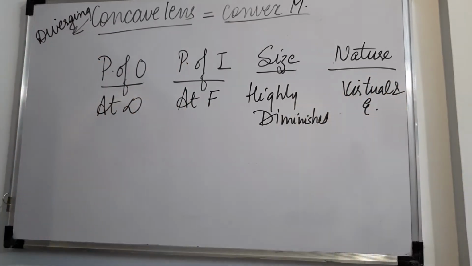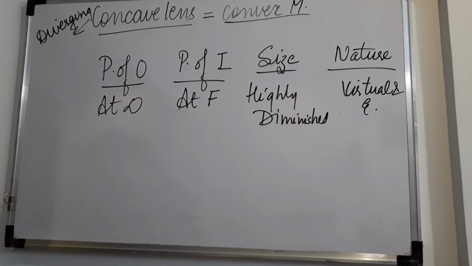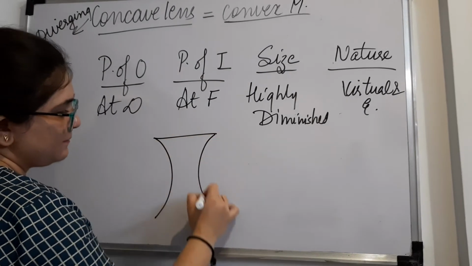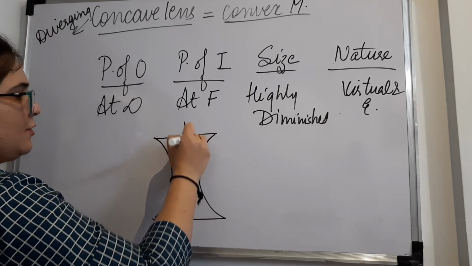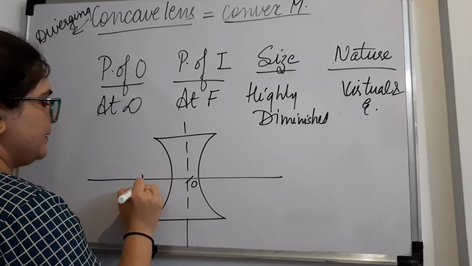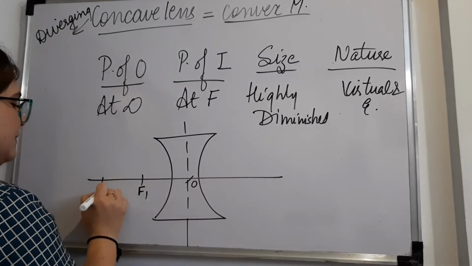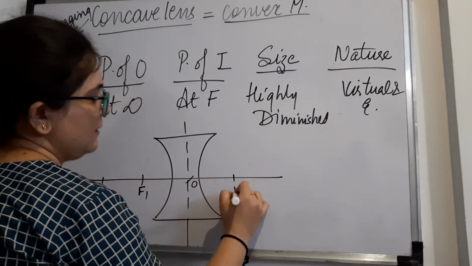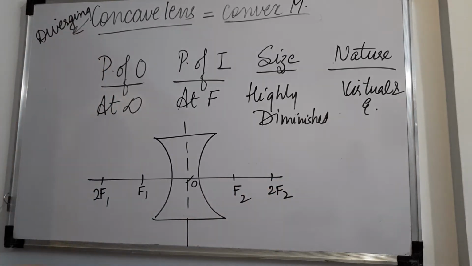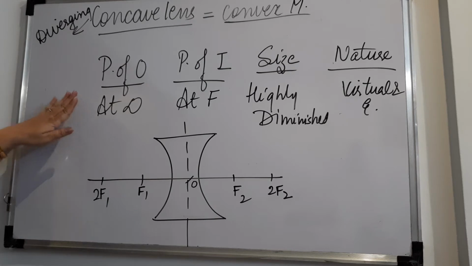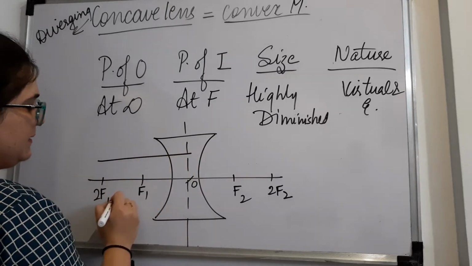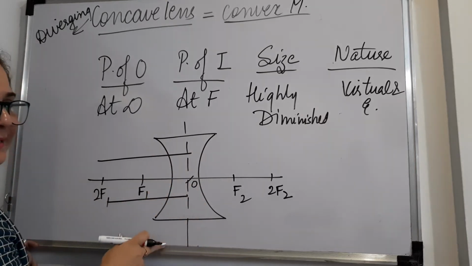Now let us see how to draw the ray diagram for this one. Okay, we'll take a concave lens, draw the aperture, principal axis, optical center, f1 to f1, f2 to f2. Now here what we have said, we have to take the object at infinity. It means the rays are supposed to come parallel. So if I take the rays parallel like this, the nature of this lens is diverging.